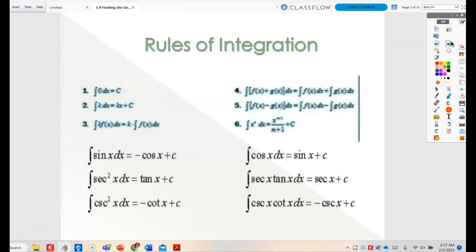You can integrate functions added together, subtracted together, and then our trig functions. Sine becomes negative cosine, cosine becomes sine, secant squared is tan, secant tan is secant, cosecant squared is negative cotangent, and cosecant cotangent is negative cosecant.